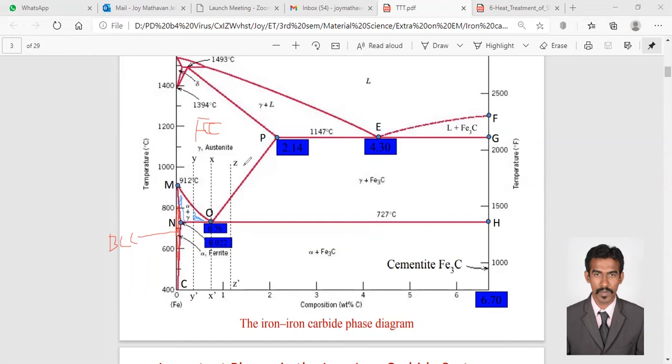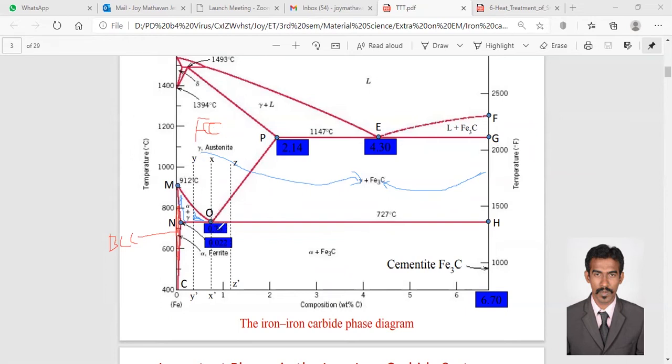The region in between gamma austenite and Fe3C will have the mixture of these two. Whatever constituent is forming in between two phases, so here we have Fe gamma, here we have Fe3C, so the region in between will form a gamma plus Fe3C region.